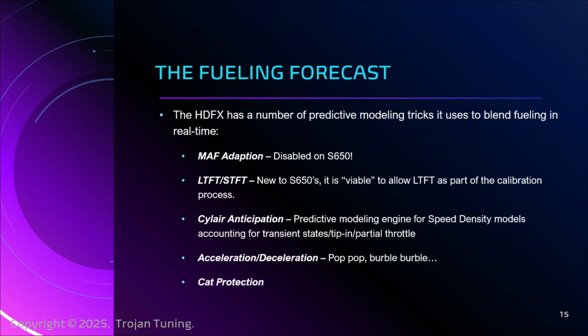Okay, other things. Yes, so catalytic converter protection. There are things in the HDFX that are constantly monitoring the exhaust gases, and if things are getting too hot, so I think 1700 Fahrenheit, once you get beyond those points, maybe it's 1900, things get dicey, and you do not want to melt your catalytic converters because they are an arm and a leg. I think we're talking 1500, 2000 maybe, to get another one.